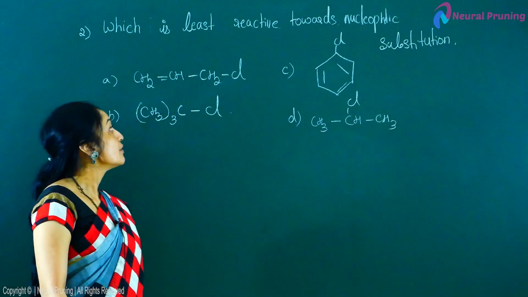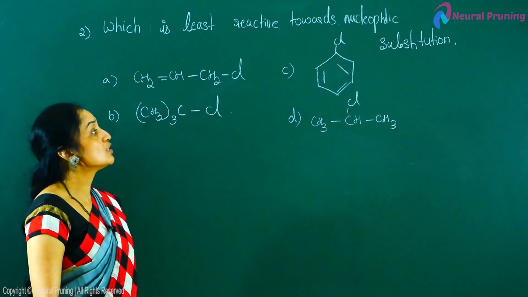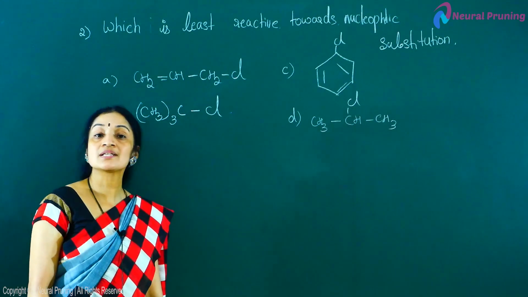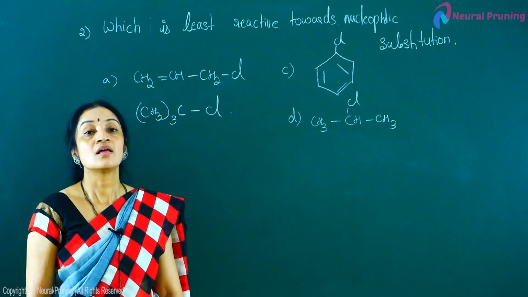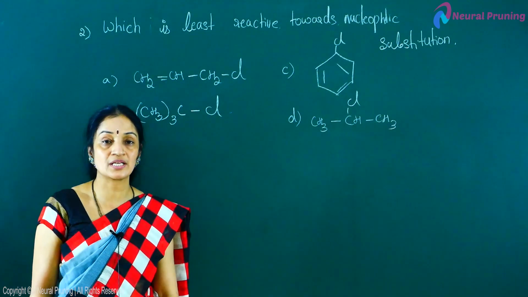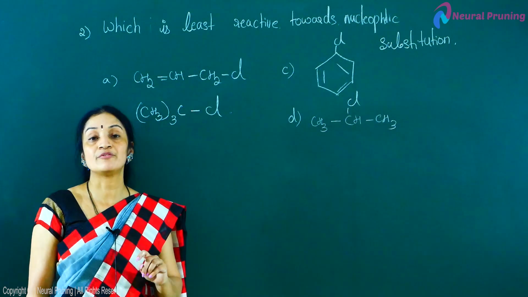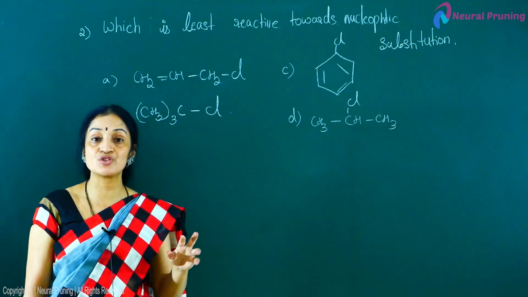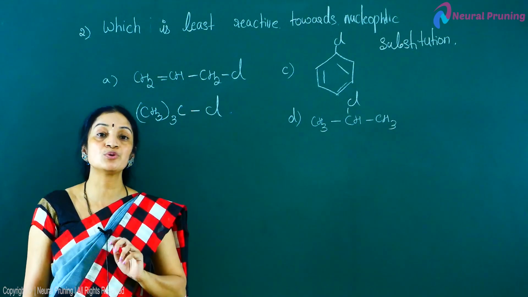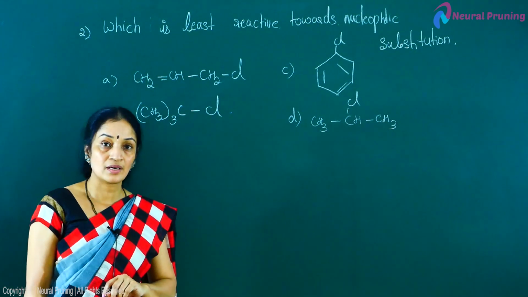Next one is, which is least reactive towards a nucleophilic substitution reaction? Now, nucleophilic substitution reaction, in the sense the electronegative part should be replaced with that of one more electronegative. Generally, we have two types of hybridization which we are studying under this, that is sp3 hybridization and sp2 hybridization, right?